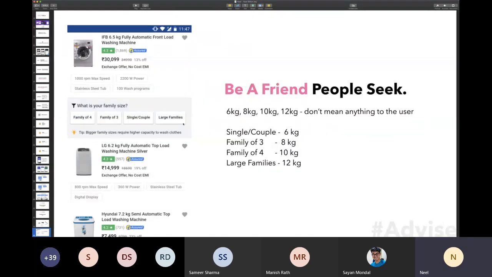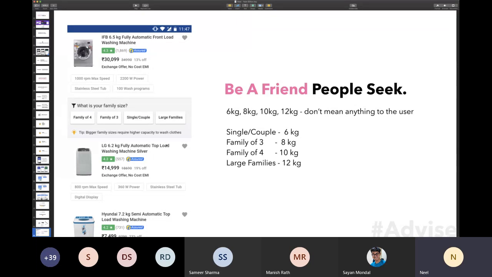Be a friend people seek. For example, if you're buying a washing machine, these usually come denoted as a 6.5 kg washing machine, 6.2 kg washing machine. But people don't really understand what these weight categories mean. So if you simply ask them, what is your family size, a family of three, four, single, couple, large families, you can then map that to what these kg numbers mean and help them decide.